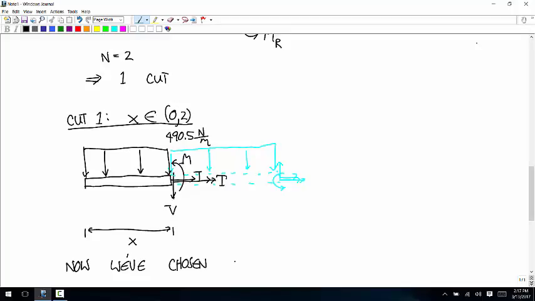So now we've chosen the body to isolate, and that means we can represent that distributed load as a point force.